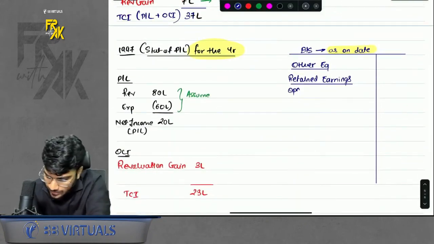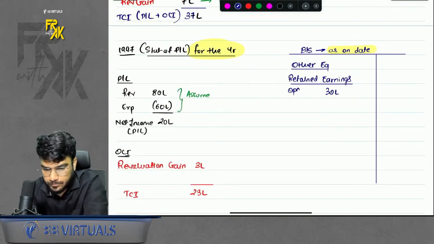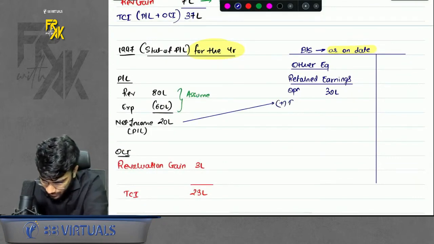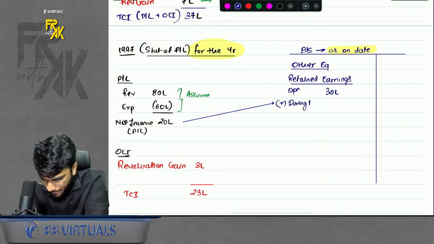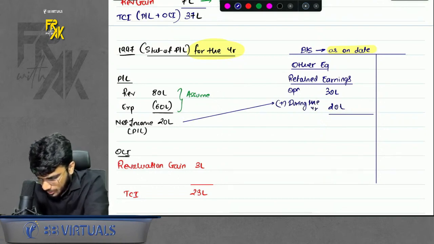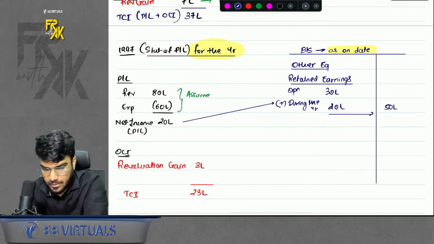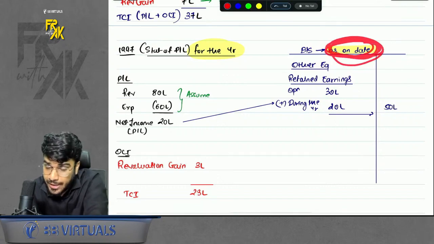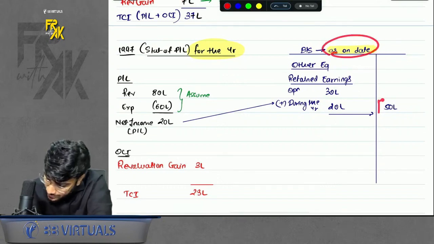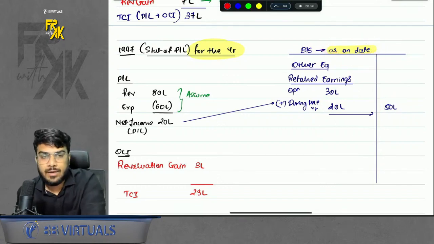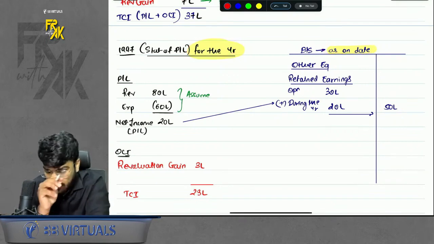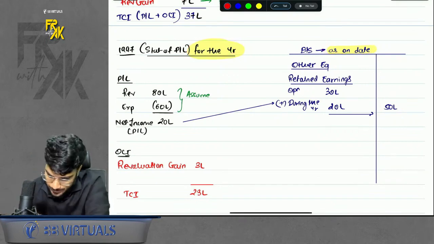First you will add the opening 30 lakhs, then add the current year balance, 20 lakhs. Total is 50 lakhs. That means as on date means the figures will be shown as cumulative till date. But what is the meaning of for the year? Only the profitability during the year will be shown here, right?